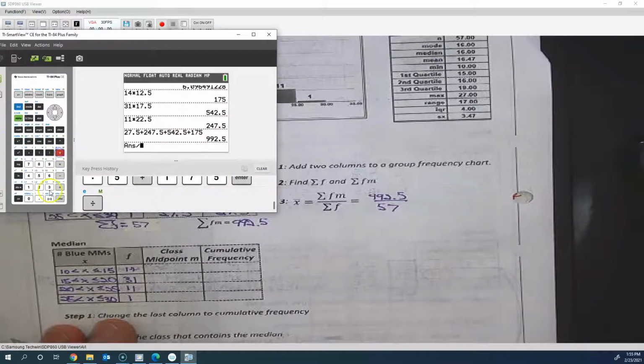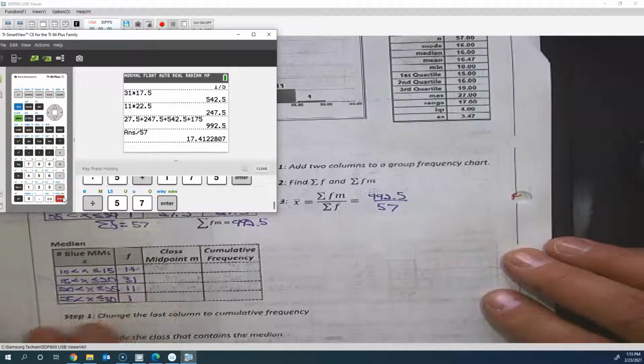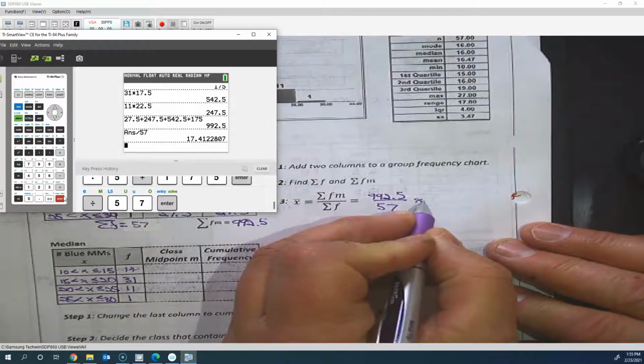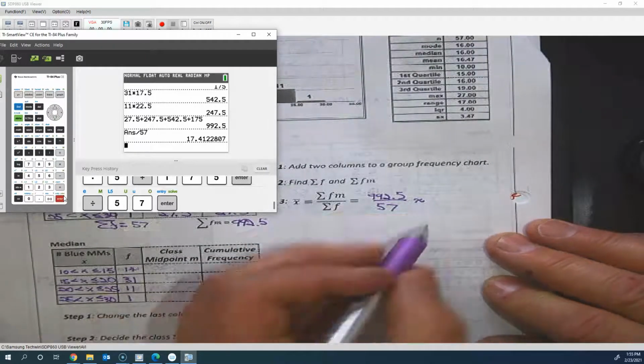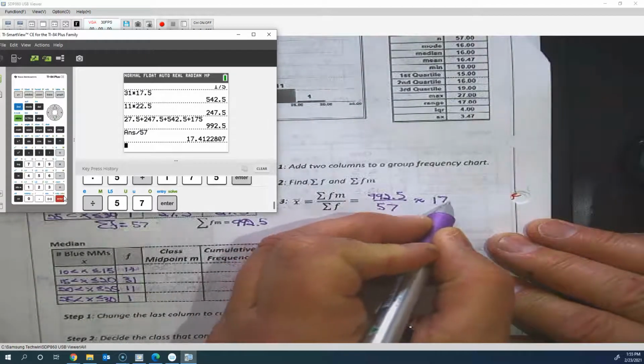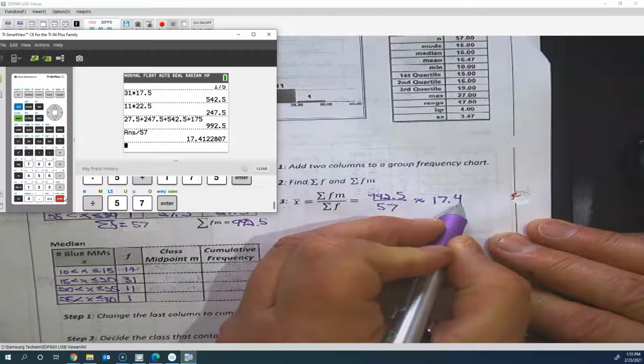So divide that by 57, and there's my mean. 17.4.